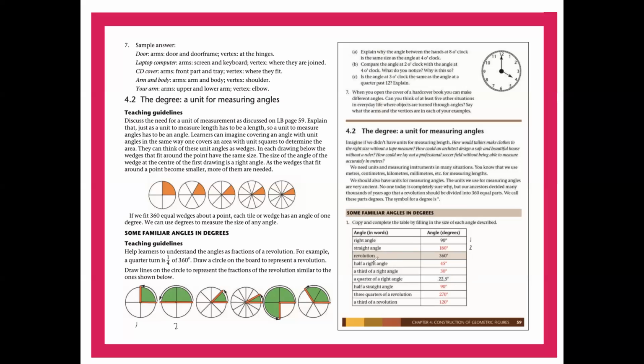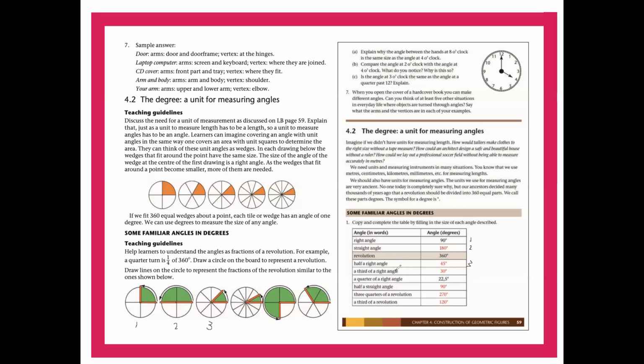Then we have half a right angle. So if number 1 was our right angle, half of it would be number 3 over here, and that is 45 degrees. Then you get a third of a right angle, which is 30 degrees, because a right angle is 90.